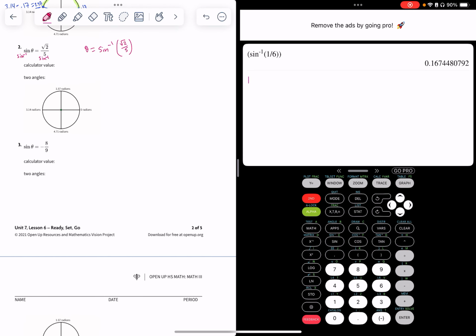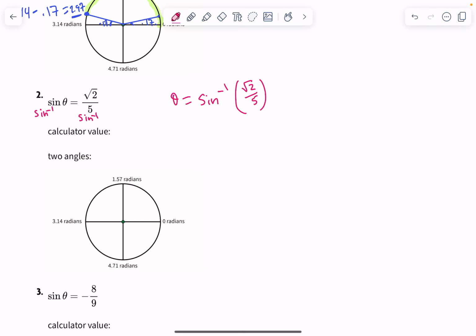Sine inverse of square root of 2 over 5 is equal to 0.286 to 0.287. So 0.287, which we can just round off to 0.29.